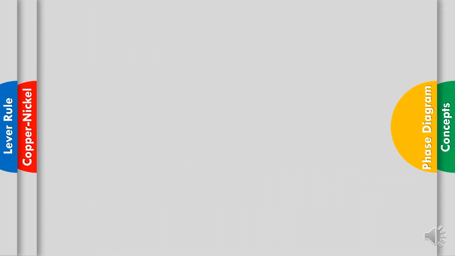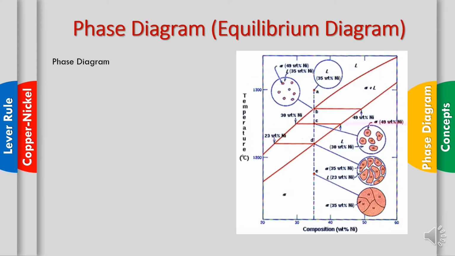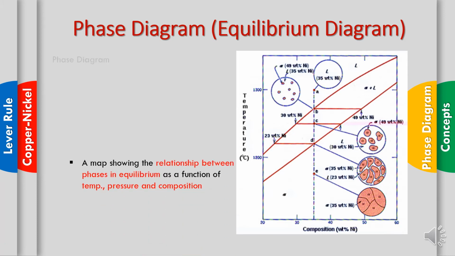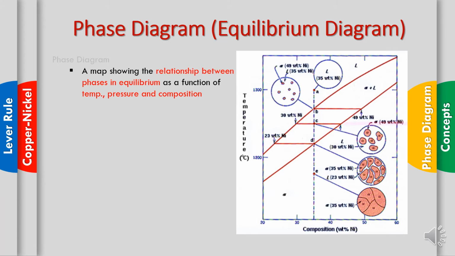And then we will go to the phase diagram. We will discuss more on the phase diagram, or we call it the equilibrium diagram. Every element or metal behaves or changes according to its phase diagram.